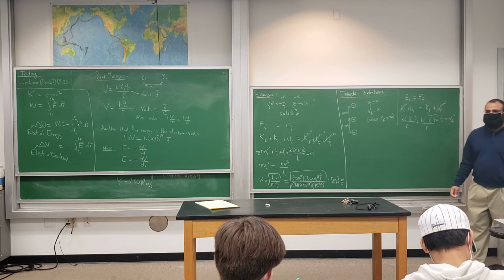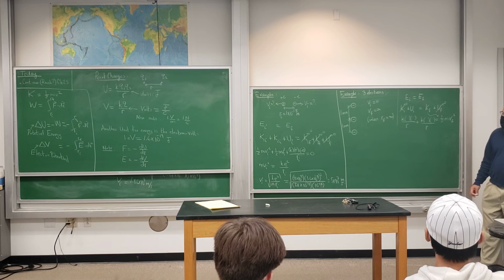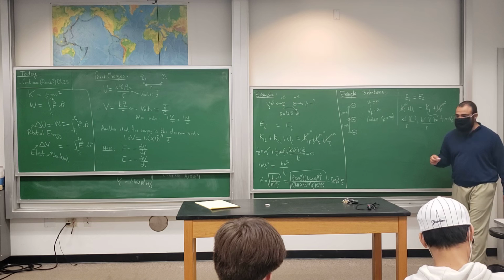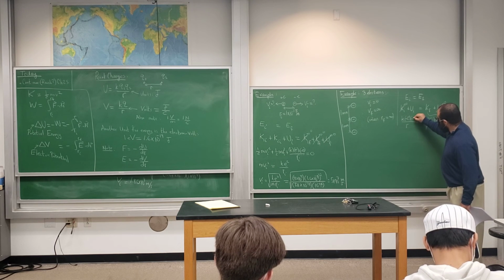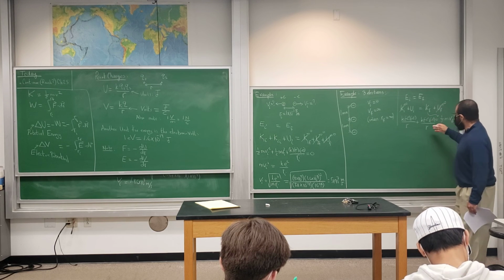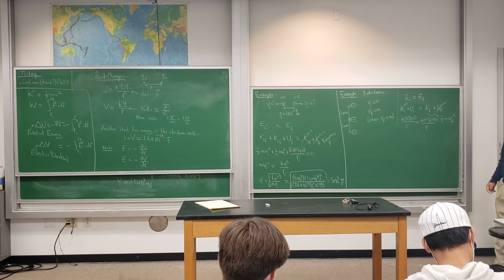Now what are the charges? They're all electrons, so it's negative 1.6. So it's negative E. Yeah, it's minus E, minus E, and minus E. Now, when you multiply them, it becomes a plus, right? Minus times minus is a plus.